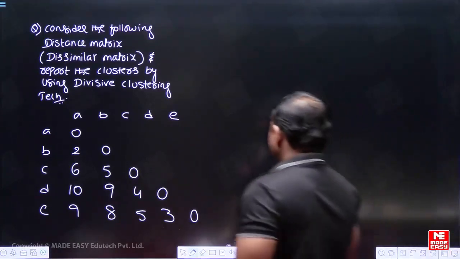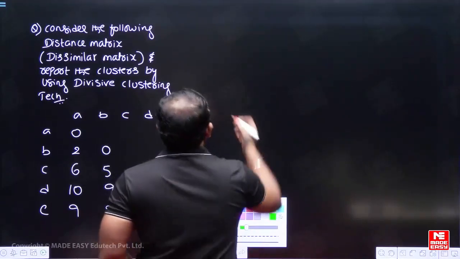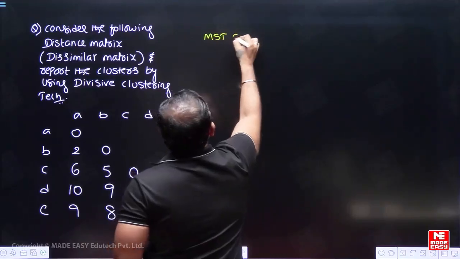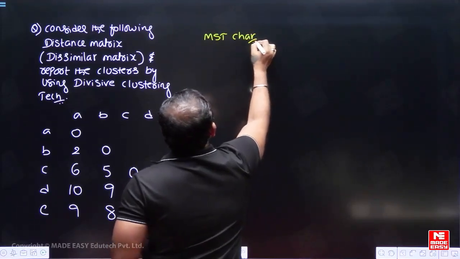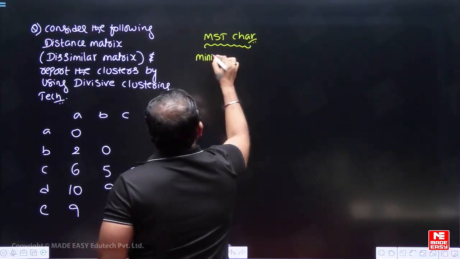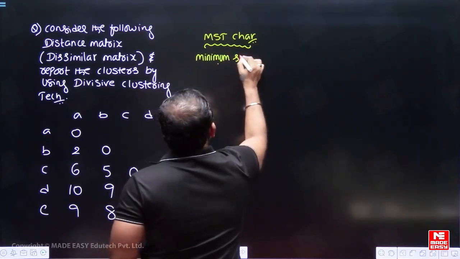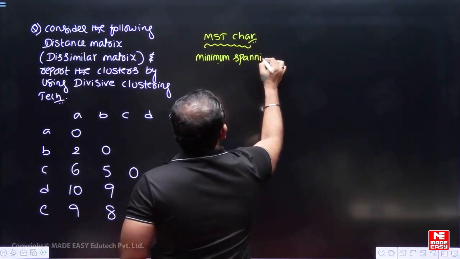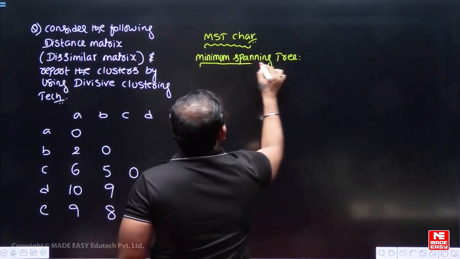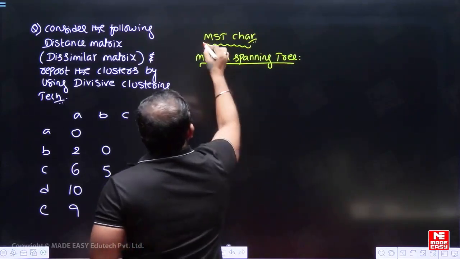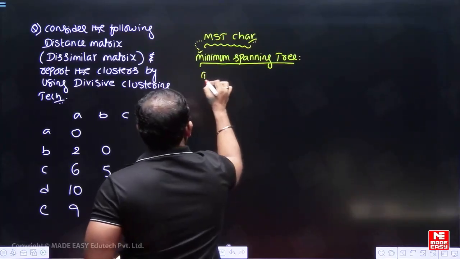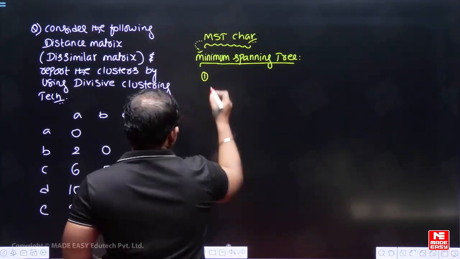Follow the procedure. Here I am writing the MST, minimum spanning tree, characteristics. First, no closed loops occur.